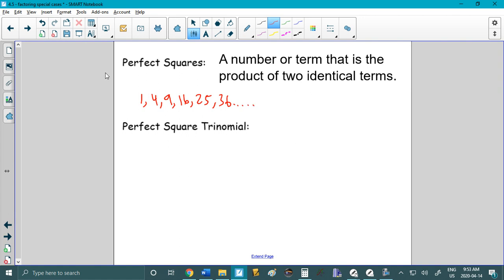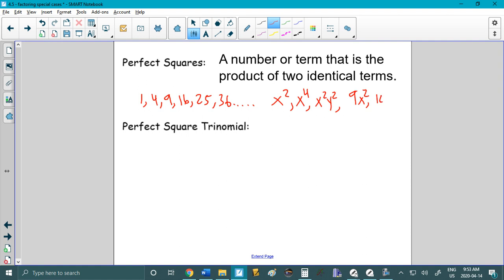But we can also have perfect squares that aren't just numbers. So x squared is x times x. X to the 4 is x squared times x squared. X squared y squared would be xy times xy. And then we can get fancy. We can say 9x squared, because the 9 is a perfect square and the x squared is a perfect square.